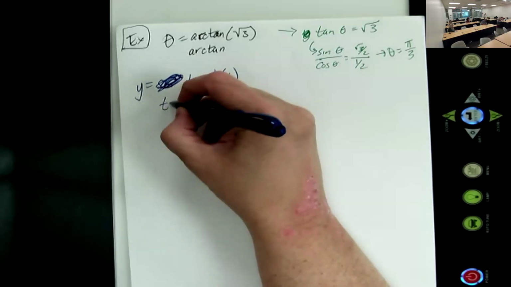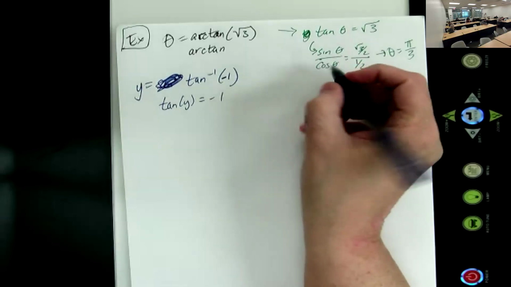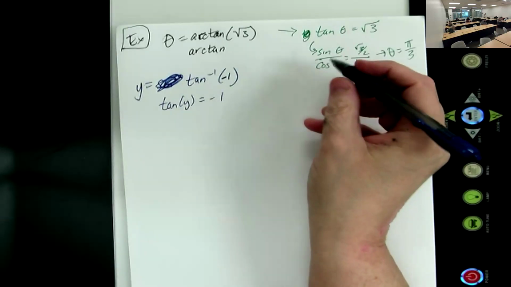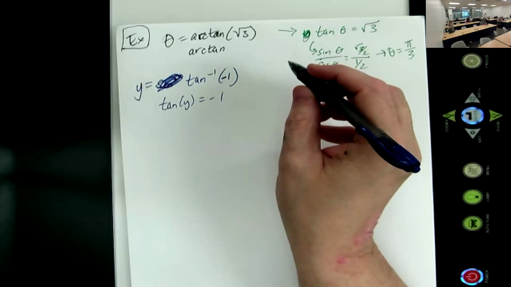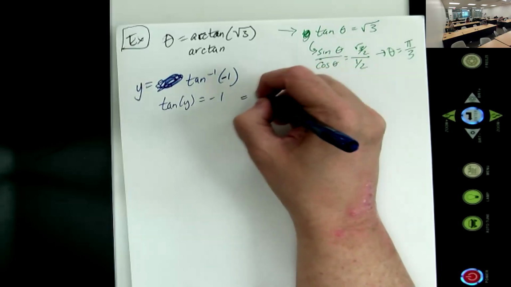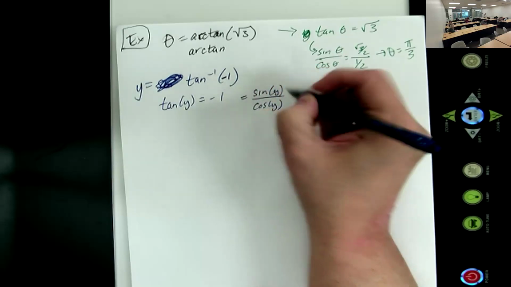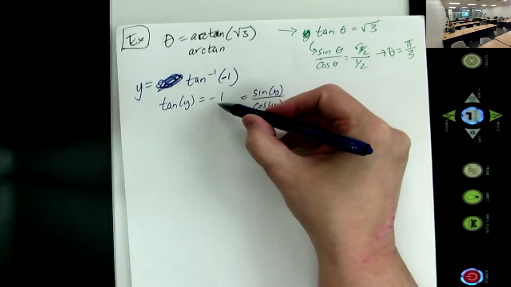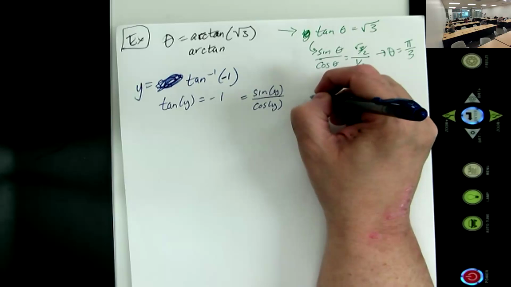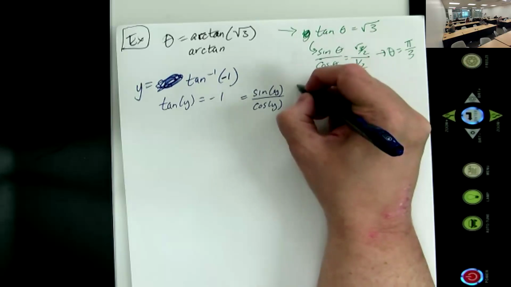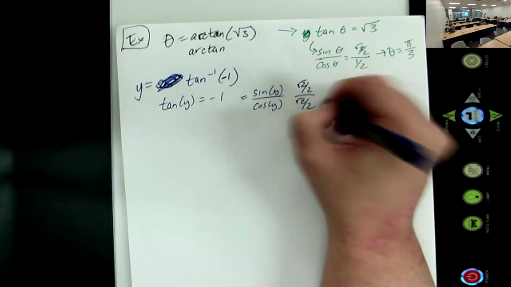This is like saying tangent of y equals negative 1. Think about it as sine y over cosine y. For them to be a positive 1 or negative 1, these have to be the same value, right? So the only ones that work with that are square root of 2 over 2.